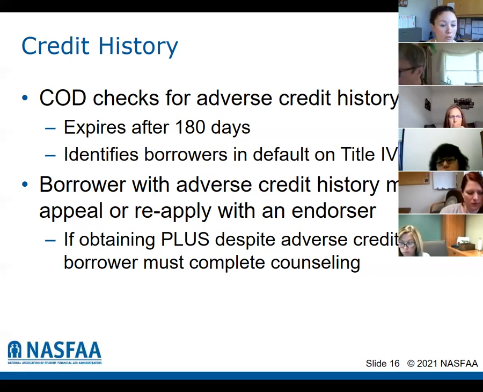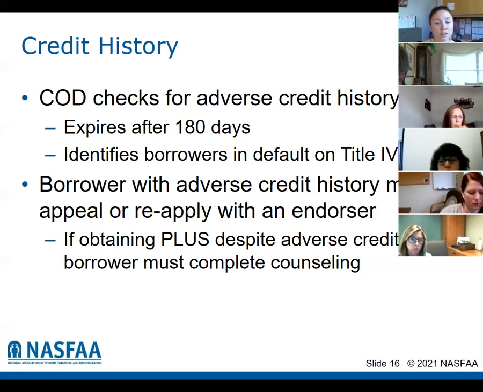They can appeal based on wrong information. Usually, like with a grad student, if they get their credit denied, we usually tell them to appeal right away, just to see if their appeal can be approved, before we send them out to find an endorser. Because the endorsement process is a little bit tricky. It's time consuming and the steps are very particular, and sometimes students have a hard time with it.